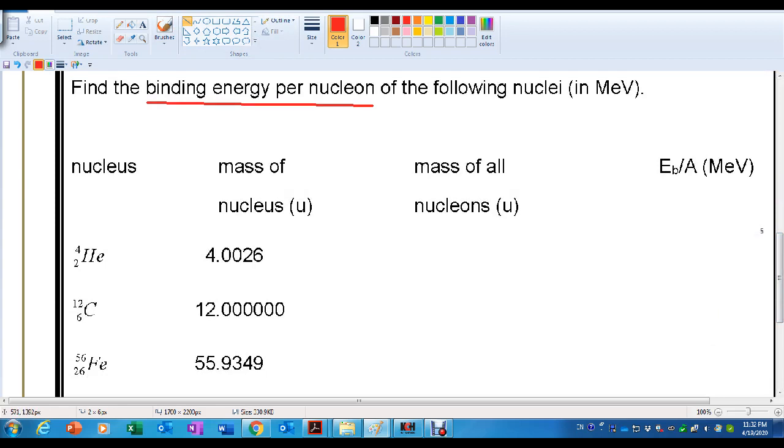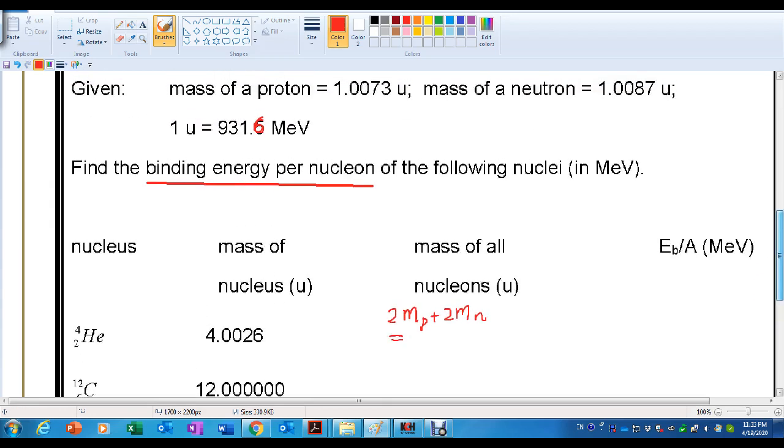We know that the mass of the nucleus of helium in terms of U is 4.0026. Mass of all nucleons, how could we calculate this? It should be 2 mass of proton plus 2 mass of neutron. So you need to calculate based on the numbers given above, 2 times mass of proton, plus 2 times mass of neutron.